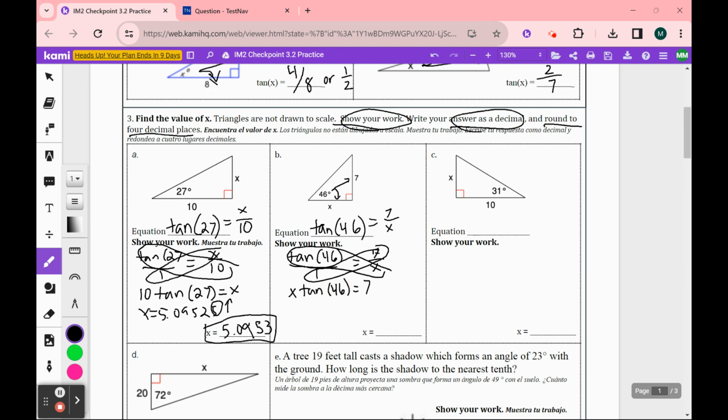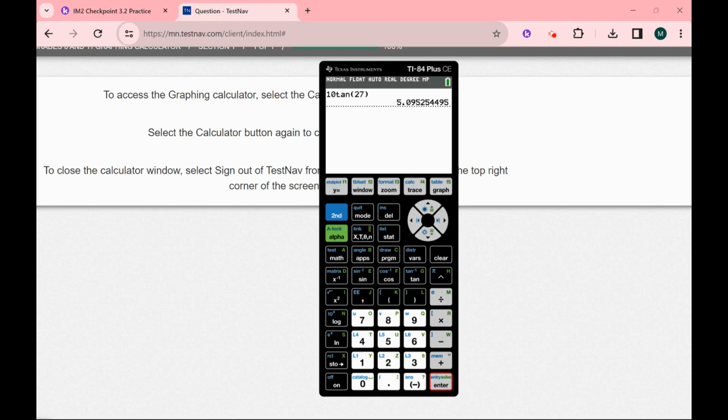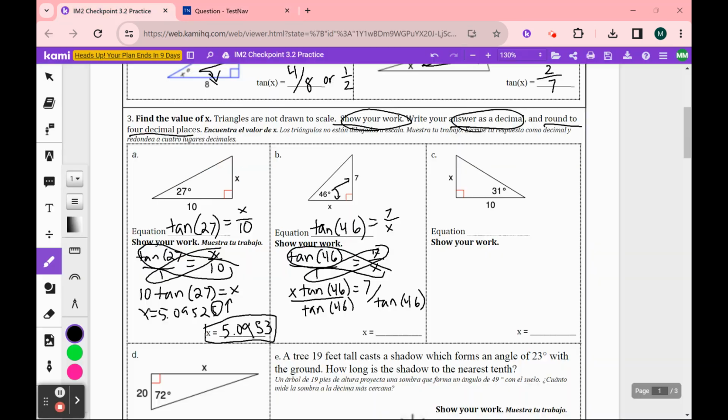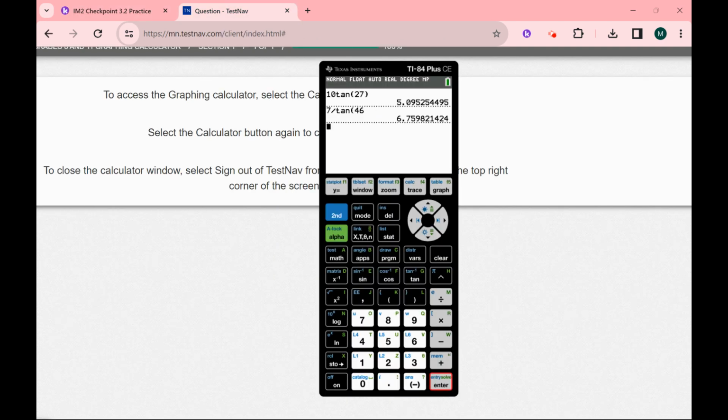And I'm not done yet because x is not alone. So I divide both sides by tan of 46, and that should get me what x is. Let's put that in. I have 7 divided by tan of 46, and that equals 6.75982.